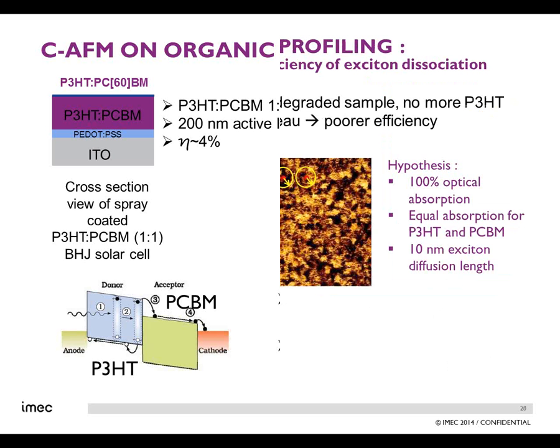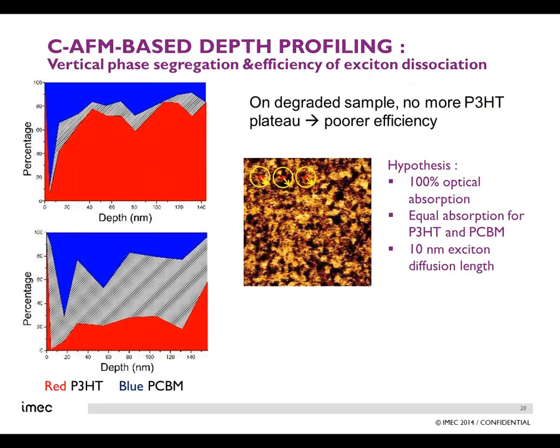This is the kind of image that you can get at these different depths. And then we are able to identify the two materials, in this case P3HT and PCBM. We are able to identify, based on the fact that they conduct or not, which material is PCBM, which material is P3HT. And we are able to do that at different depths.